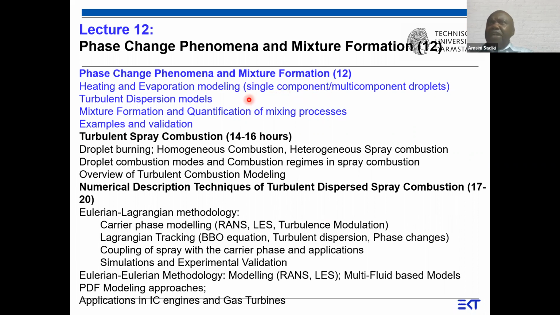For single component, I will base on the single component, but I will give you perhaps some idea about multi-component if you are interested in it. We'll speak about some turbulence dispersion models, but this will come later on. And I will introduce first this mixture formation and quantification of mixing processes. And we'll give some examples.